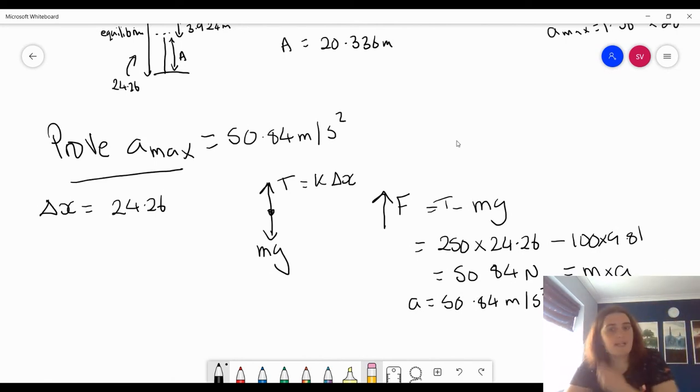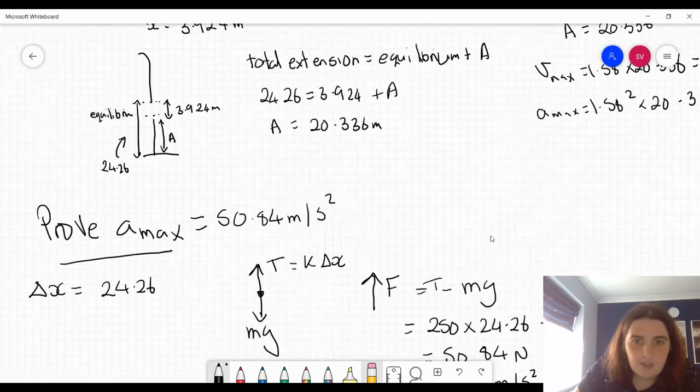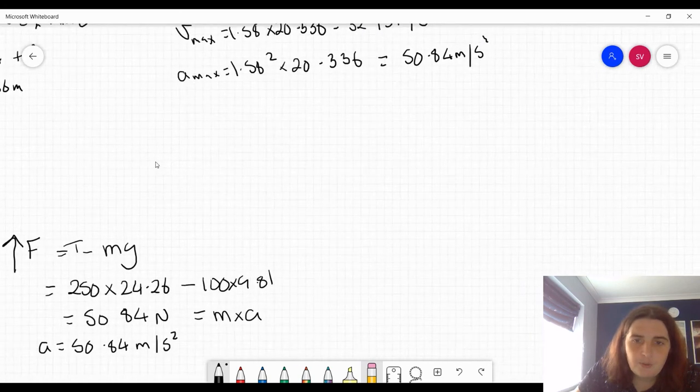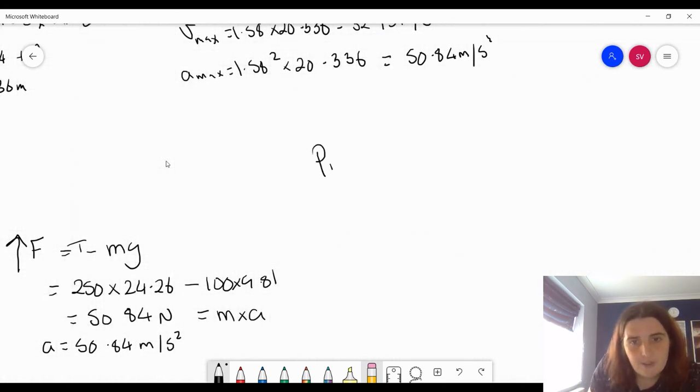Let's work out the maximum kinetic energy. The maximum kinetic energy is at this point here, where I've got this much extension and this much GPE. So let's have a little go here, proving v max to you. I know in total I've got 75.